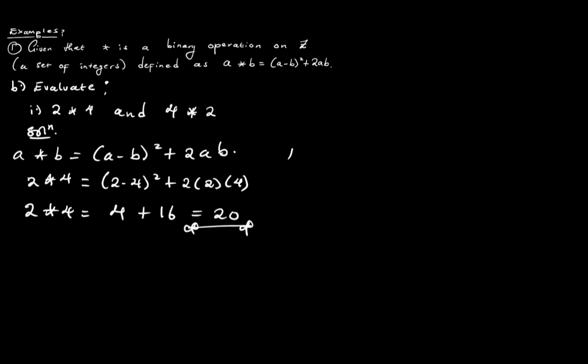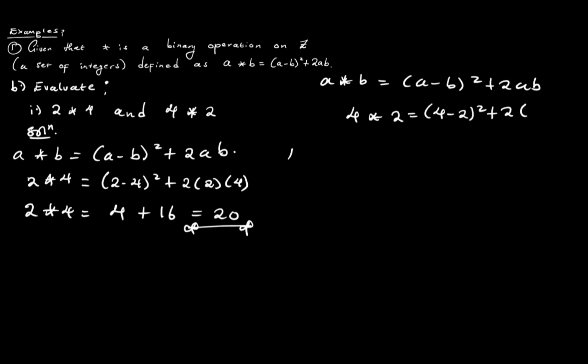And if we try to find 4 star 2 from the operation that we already have, which is a star b equal to a minus b squared plus 2ab, this simply means we'll have 4 minus 2 squared plus 2 times 4 times 2.